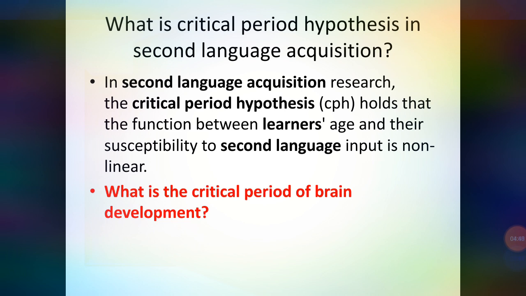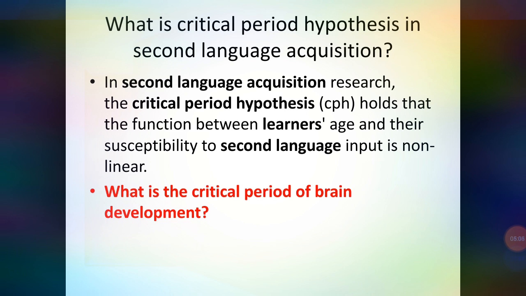In second language acquisition research, the CPH holds that the function between a learner's age and their susceptibility to second language input is non-linear.